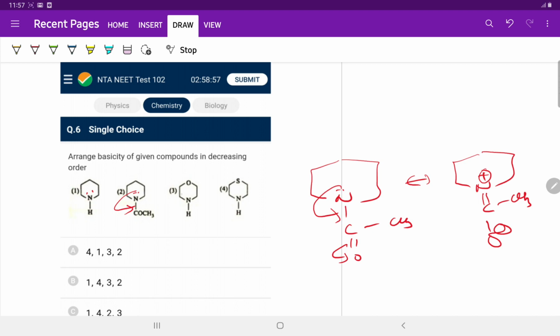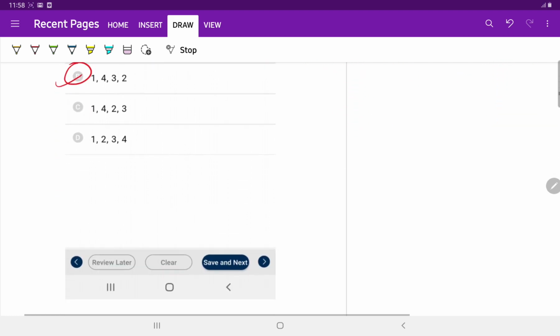And in this third compound, oxygen shows a minus I effect and sulfur also shows a minus I effect, but less than oxygen. Since oxygen is more electronegative than sulfur, oxygen shows a greater effect withdrawing the lone pair. So the maximum basic compound is this, 1, 4, 3 and 2. So the correct answer is 1, 4, 3, 2. Question number 6, answer is B.